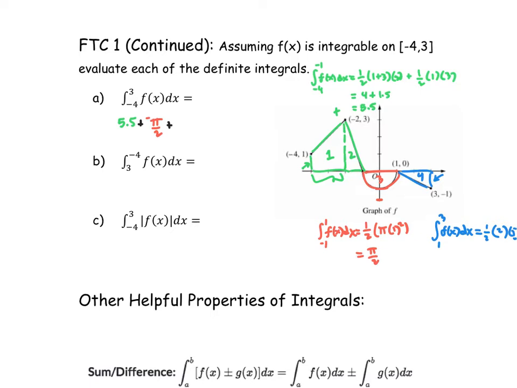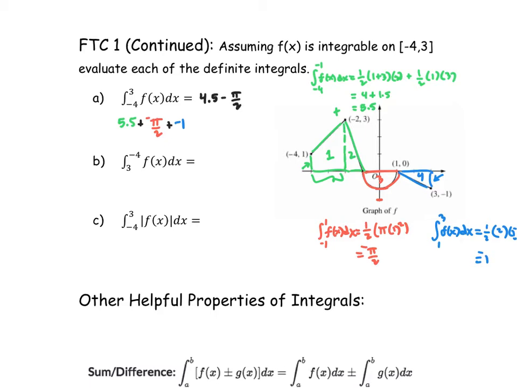So I'm going to get an area of 1 for that space. Excuse me, -1. Almost did it to myself. And -pi/2. So this area from -4 to 3 is going to be 4.5 minus pi/2.